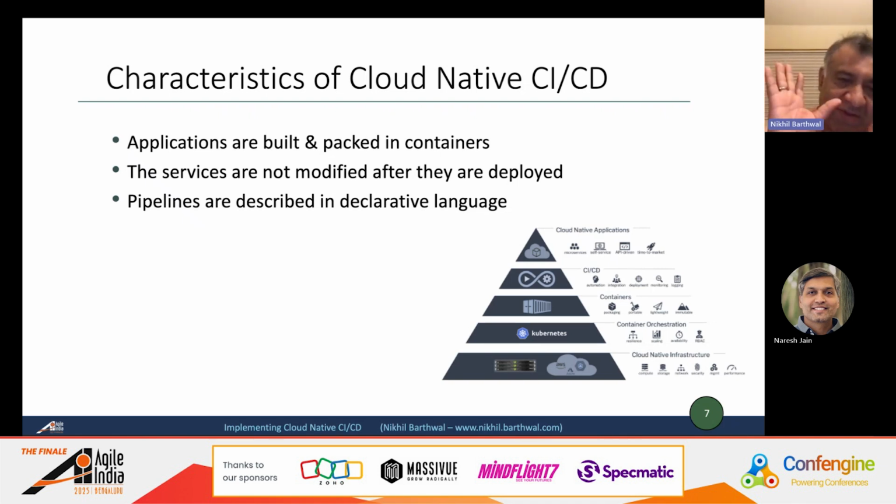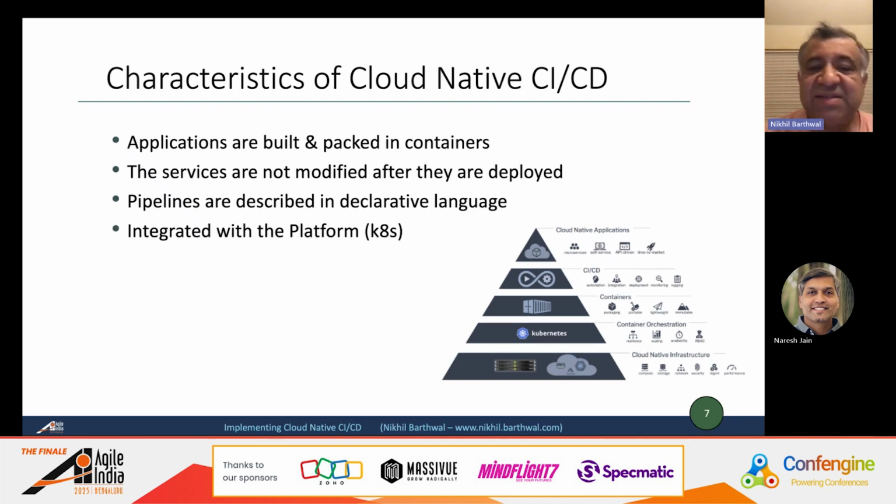We just declare what our code looks like and what we intend to do, and the CI/CD tool picks up from there. It's tightly integrated with platforms, for example Kubernetes. We'll explain more about Kubernetes later, but essentially Kubernetes, or Mesosphere or other platforms, is an operating system for your data center that manages containers at scale.